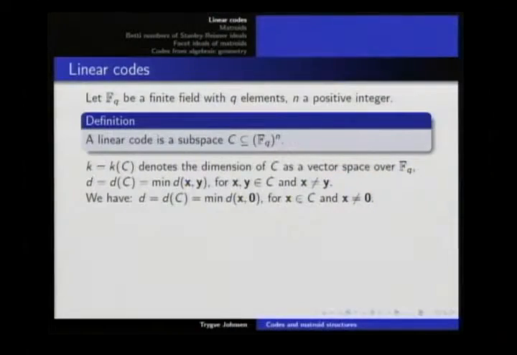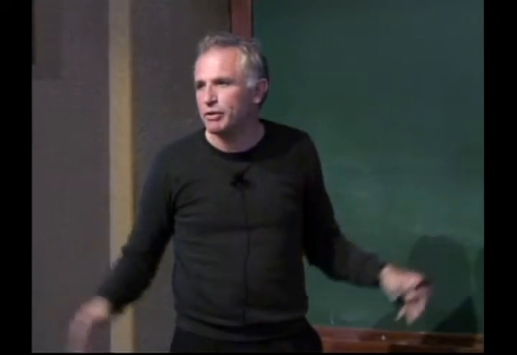Now we let k denote the dimension of C as a vector space over F_q. So k is typically smaller than n. That means that we have a bunch of data which we could have represented as k-tuples, since there are only q to the k of them. But instead we choose to present them as n-tuples, and that enables us to have some space between them.